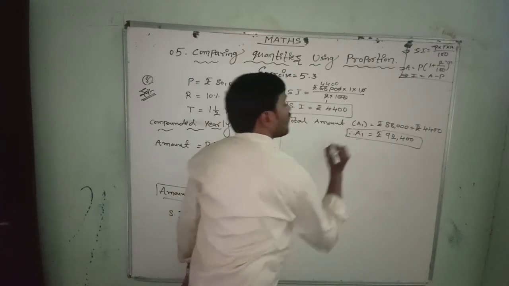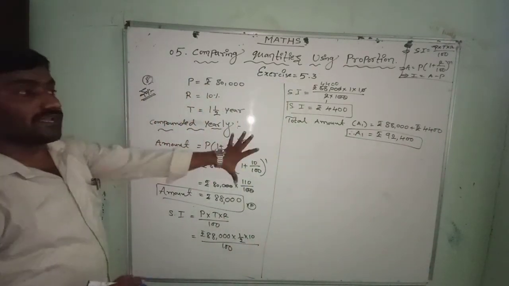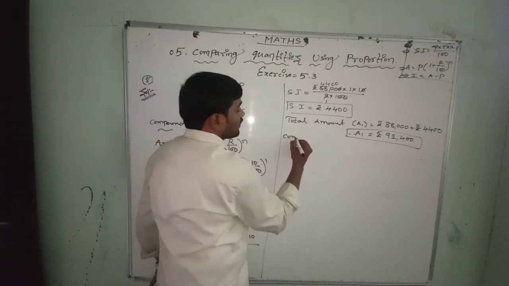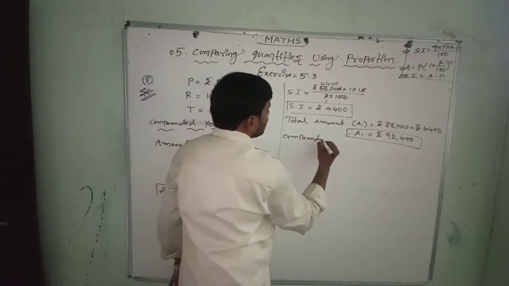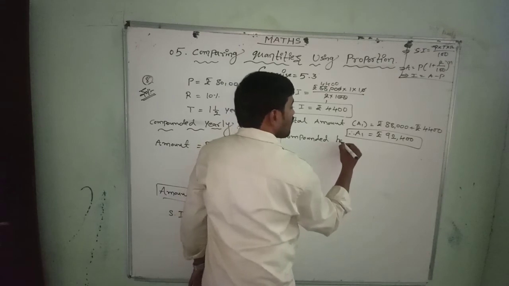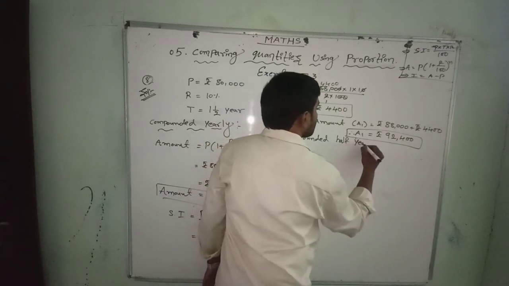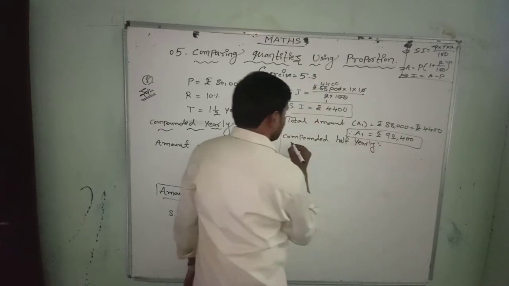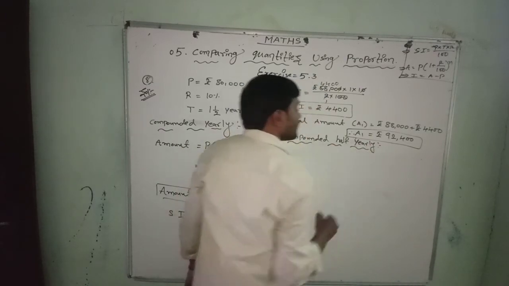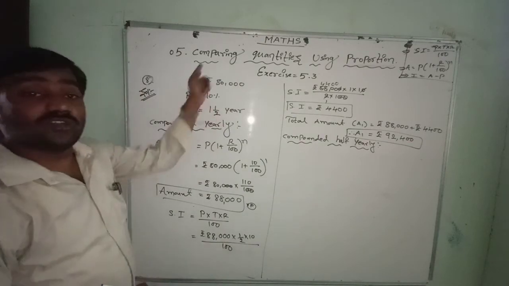That is the total amount if compounded yearly. Now, if compounded half yearly, the rate of interest also will be half.